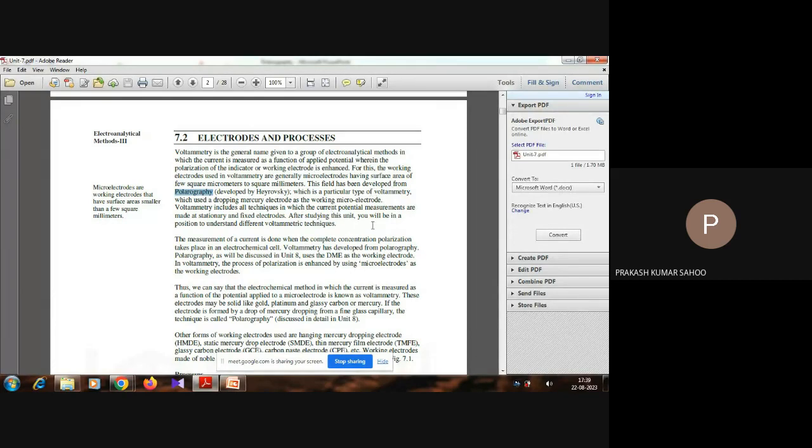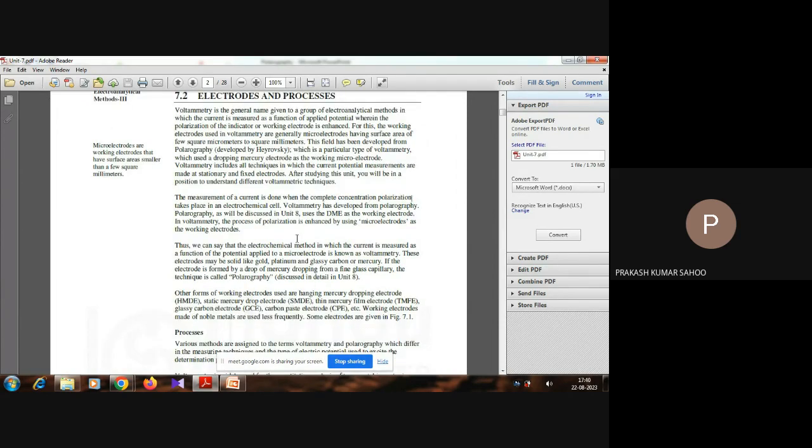So it is just parallel to the voltammetry method, in which the dropping mercury electrode, DME, is used as a microelectrode. So voltammetry includes all techniques in which the current potential measures are made at a stationary and fixed electrode. So just remember one thing, in voltammetry as well as in polarography, we will determine the current as a function of applied voltage.